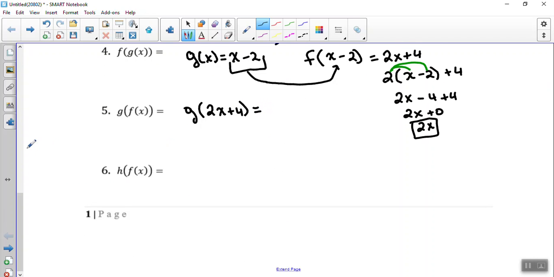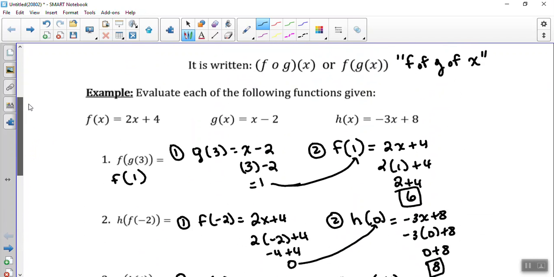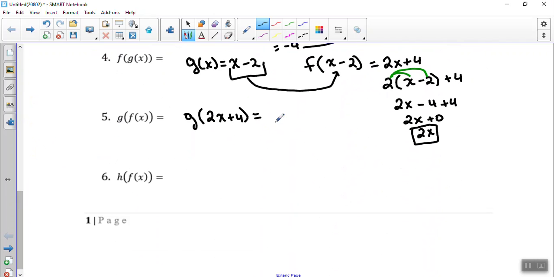Okay, and then what is g of x equal to? x minus 2. And then what am I plugging inside my x here? All of f of x right here. Okay, and then we just clean this up.